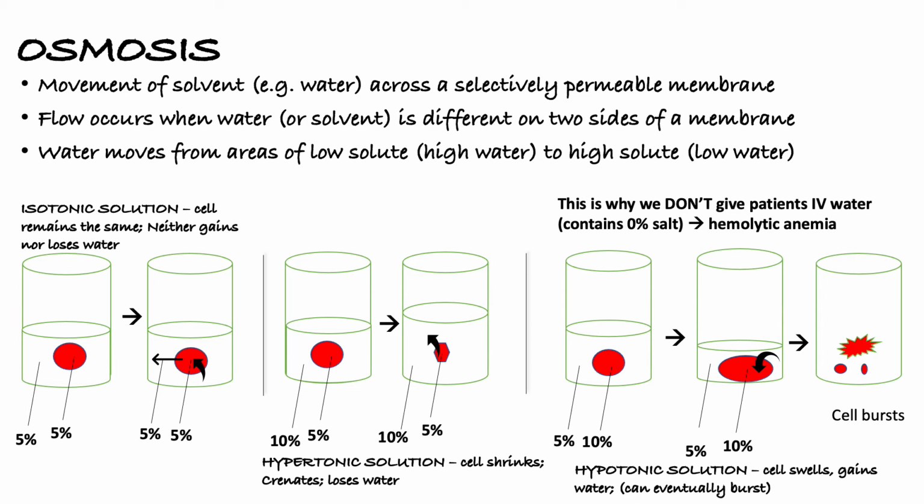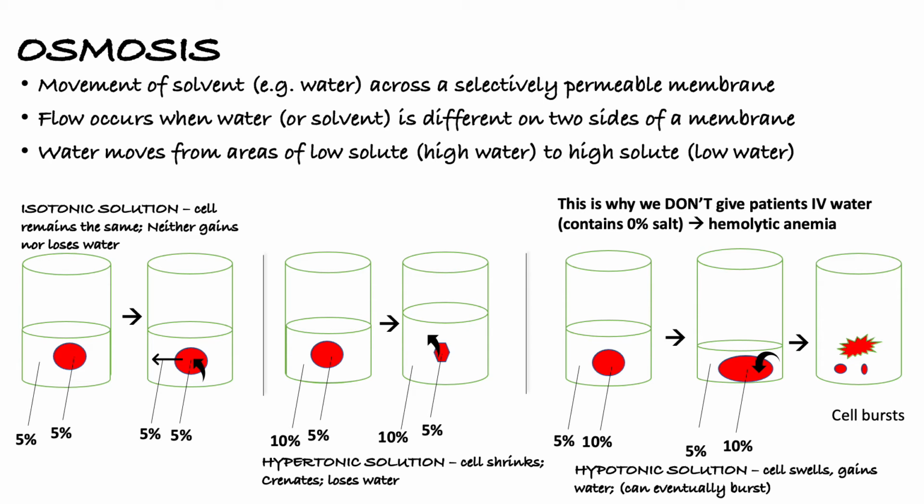So this is your typical IV normal saline when you go to the hospital that you see hanging in the hospital room. Another scenario would be, let's say we have 5% salt inside this red blood cell, and then we have 10% sodium chloride outside.